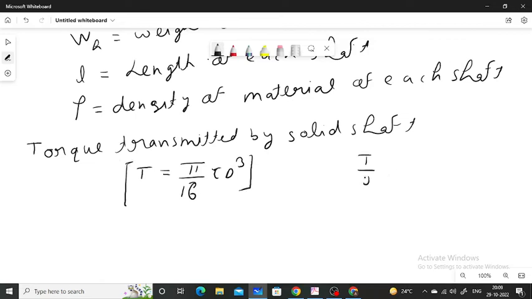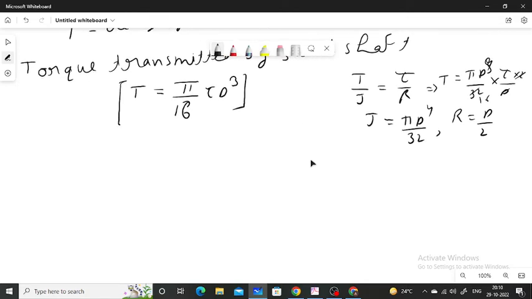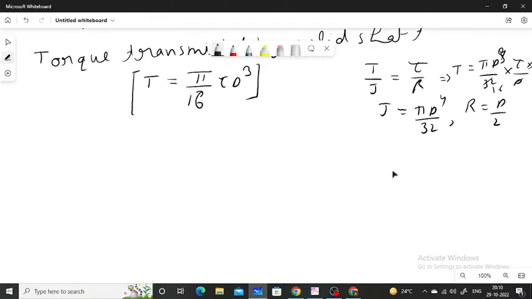From T by J equals tau by R, with J equal to pi d to the power 4 upon 32 and R equal to d by 2, T will be pi d to the power 4 upon 32 into tau upon d by 2, so it will be pi by 16 tau d cube. This is the torque transmitted by the solid shaft.